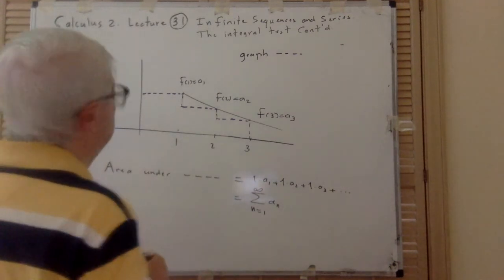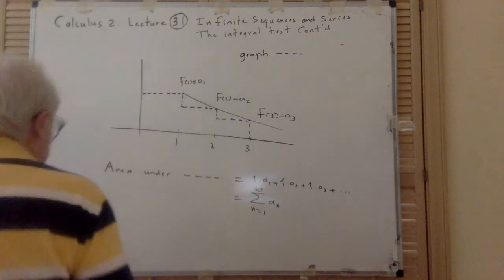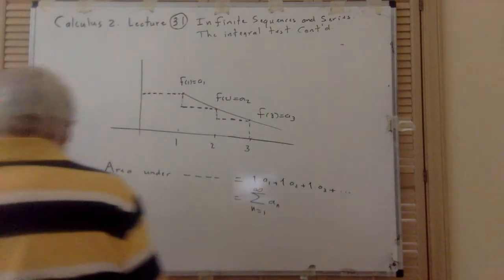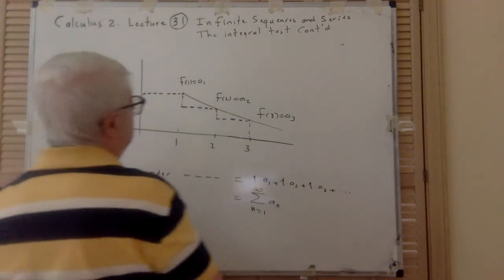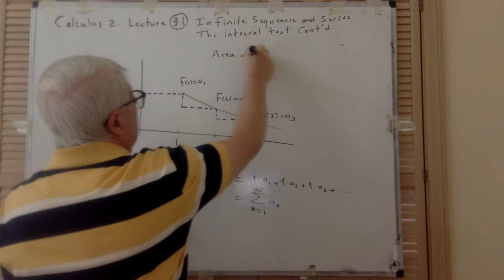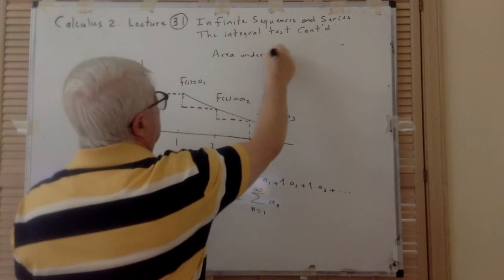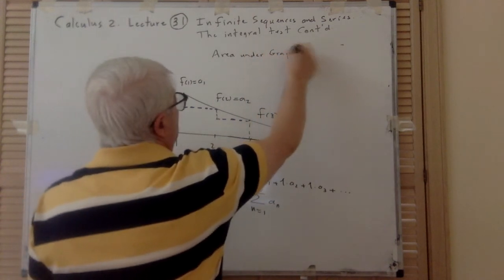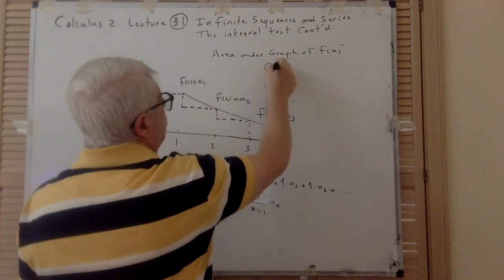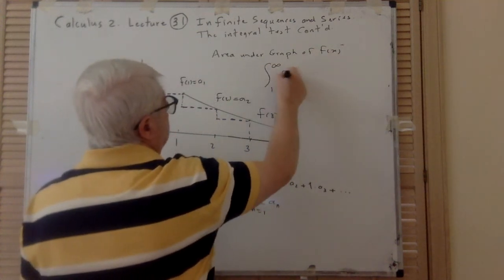I should write this. The area under the graph of f(x) is the integral from 1 to infinity of f(x) dx.